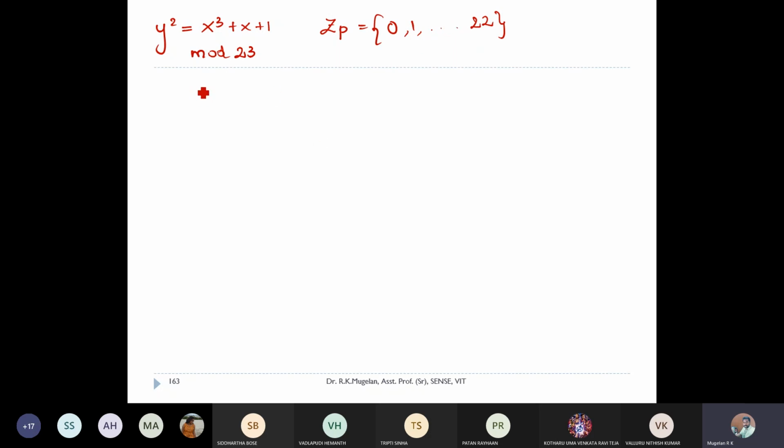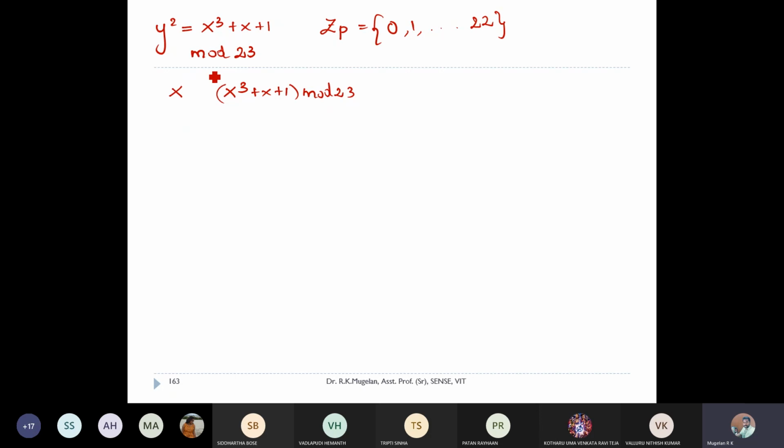Now I am creating two sides. Assume this is x, and this is x cube plus x plus 1 mod 23.